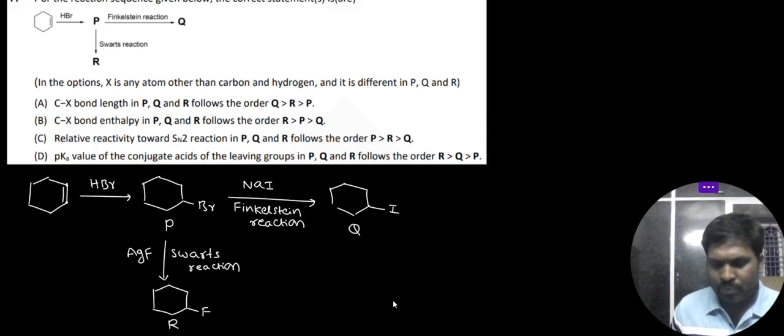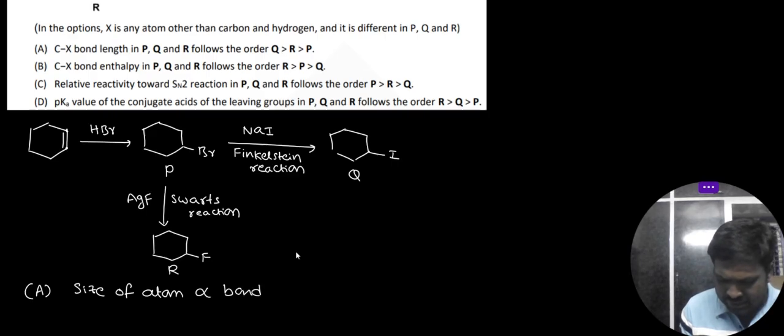As atom size increases, bond length increases; size of atom is directly proportional to bond length.